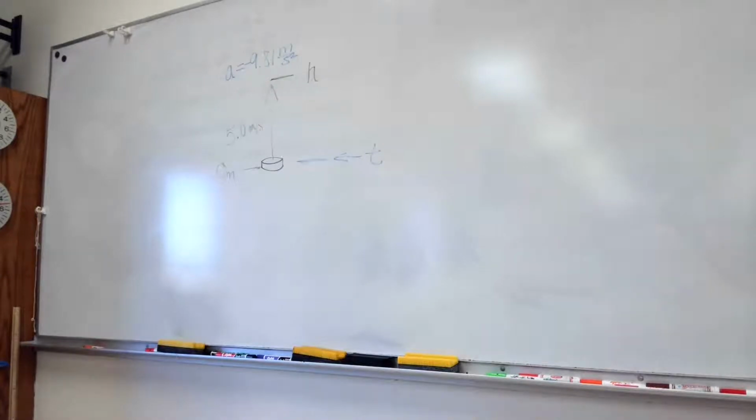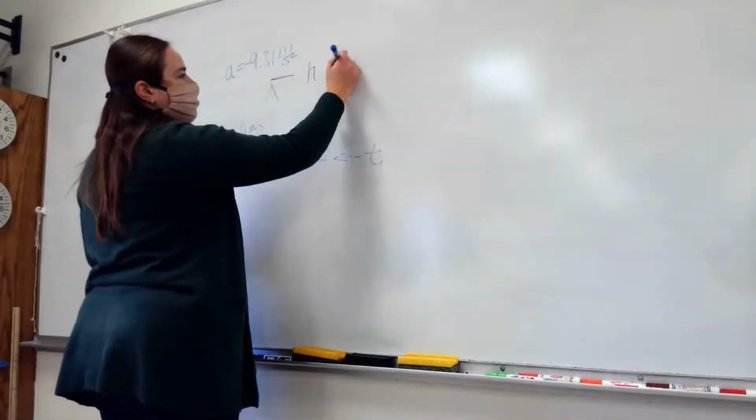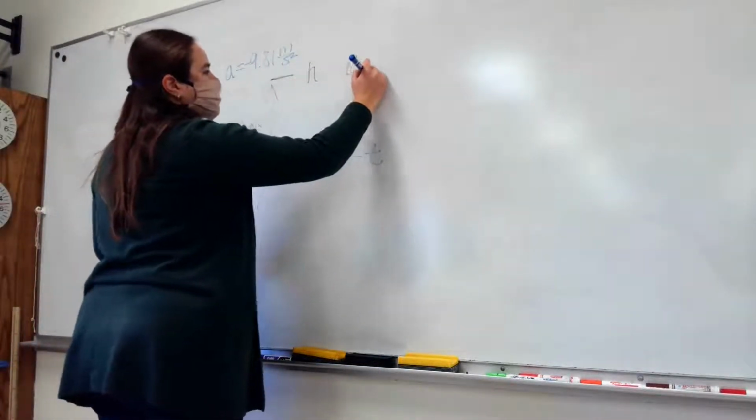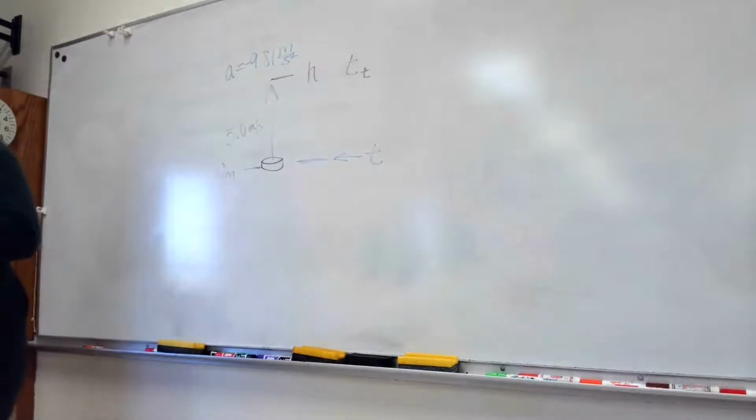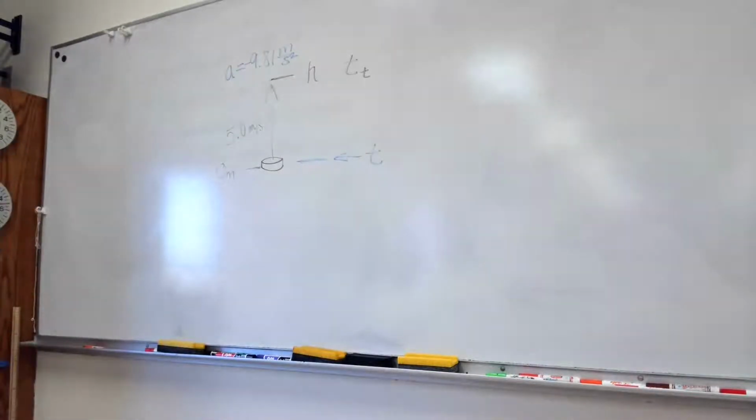Other things we need to know. How long it takes to get to a certain point? Okay, so our time to the top is going to be up here. Other things you might want to know?